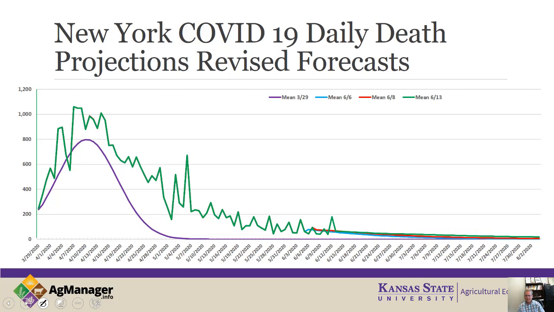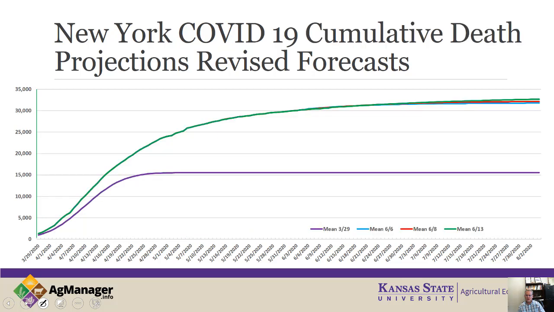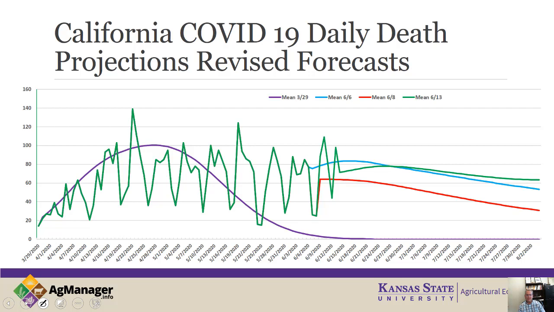New York, one of the things with regards to New York is that on the daily death model, it doesn't change much, and the same type with regards to the cumulative models. Again, you're in the 32, 33,000 range with regards to the estimates, but on a percentage basis, very little change.